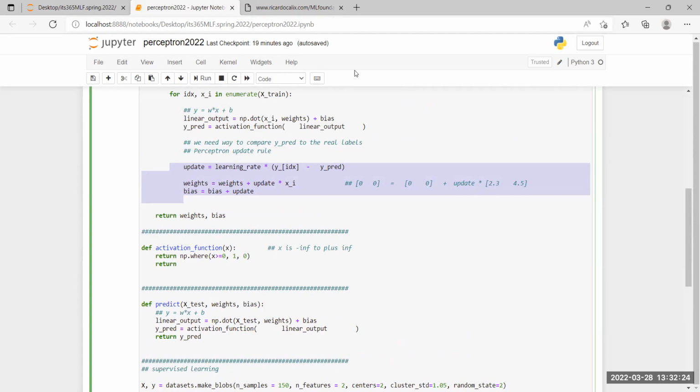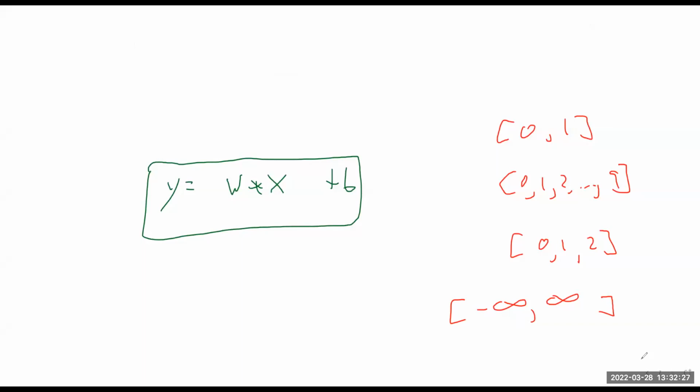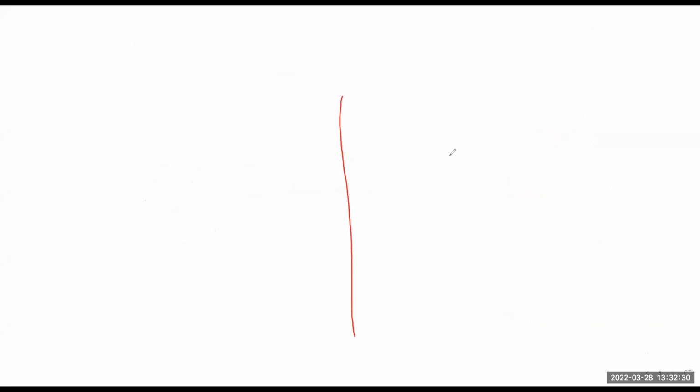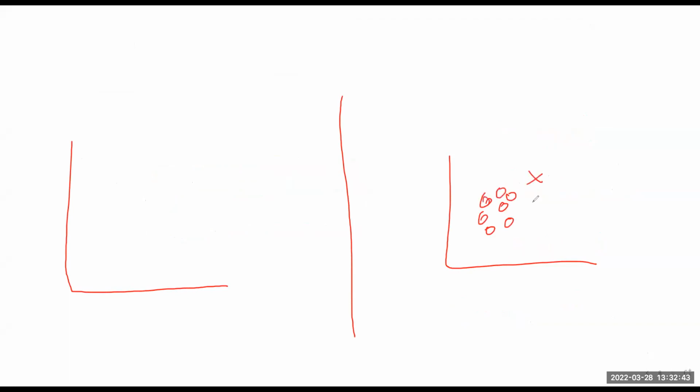If we go to the whiteboard, let's imagine that we have data. And this is meant to be the same data set. Do you guys see that? So it's meant to be the same data set, right?